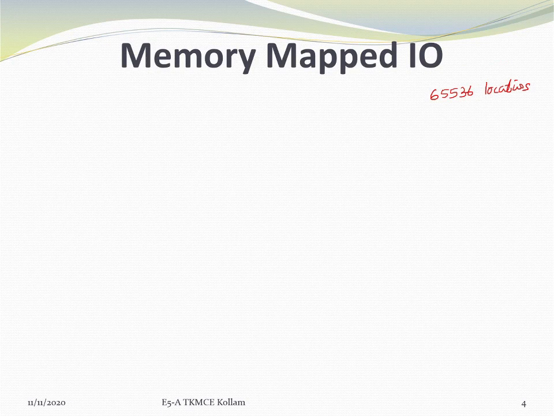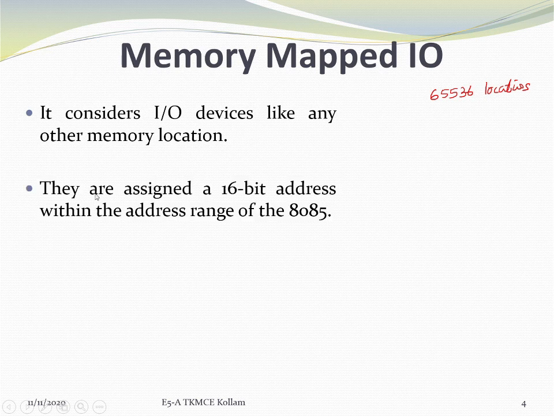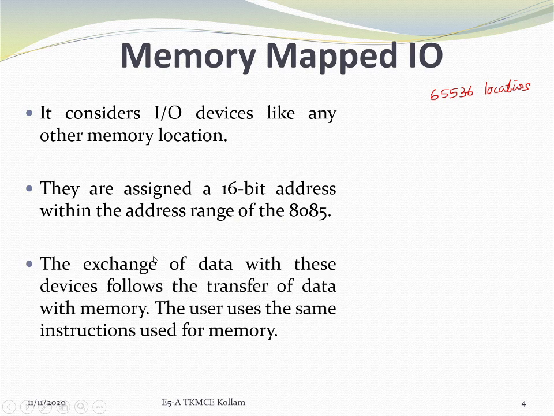Let's see memory mapped I/O scheme. In memory mapped I/O scheme, it considers I/O device like any other memory location. They are assigned a 16-bit address within the address range of 8085. The exchange of data with these devices follows the transfer of data with memory.